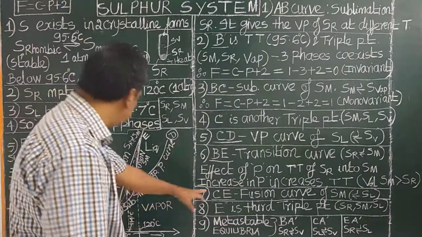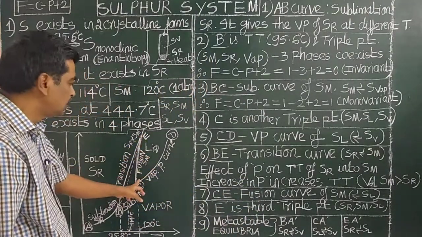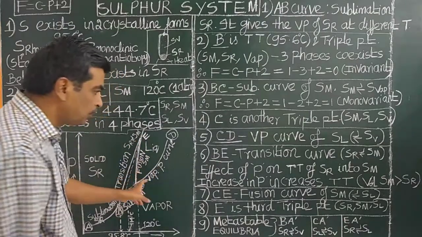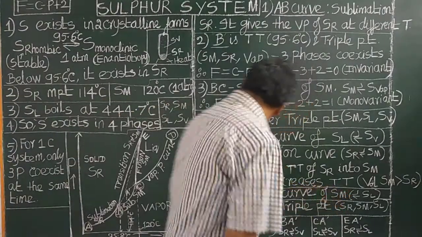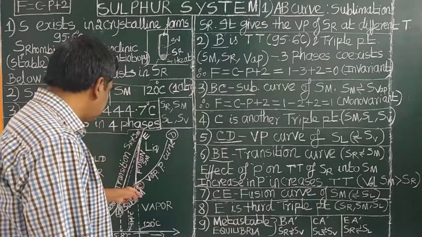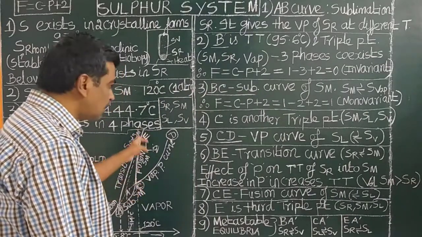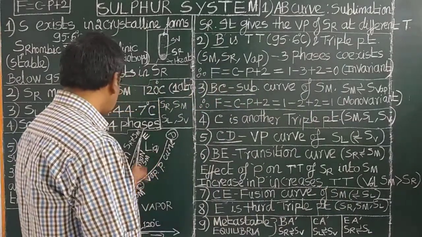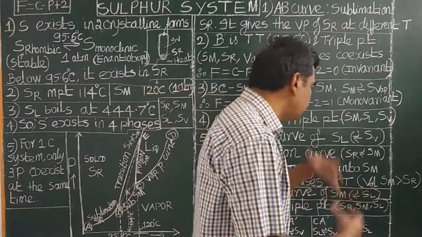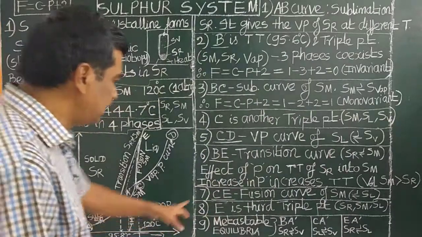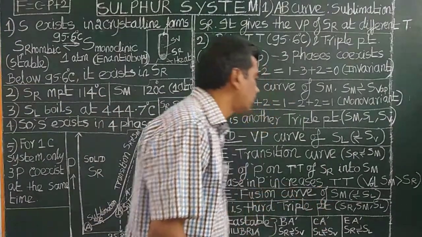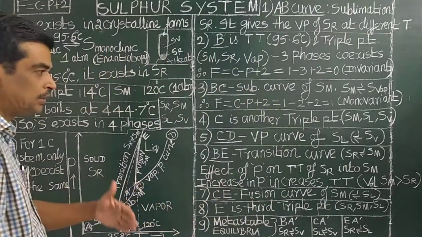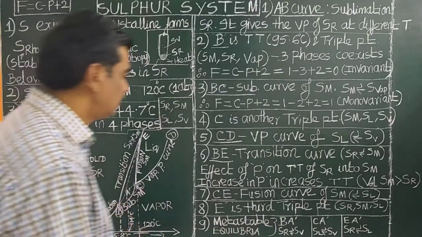So the CE curve is called the fusion curve of sulfur monoclinic. Along the curve, there are two phases: sulfur monoclinic and sulfur liquid. Fusion means the melting curve. CE, fusion curve or melting curve of sulfur monoclinic. It is melted into its liquid, sulfur liquid.